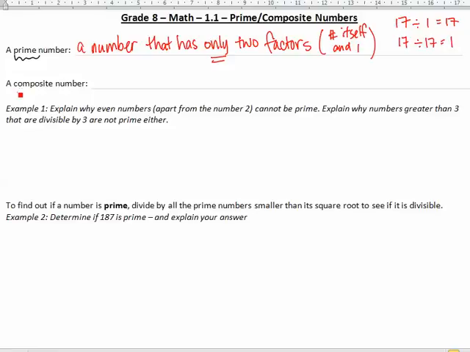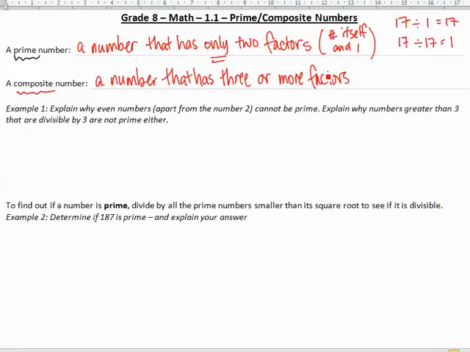A composite number is basically the opposite of a prime number, and this is a number that has 3 or more factors. So the two factors that are always going to be in the number are 1, because 1 goes into every number, and the number itself.